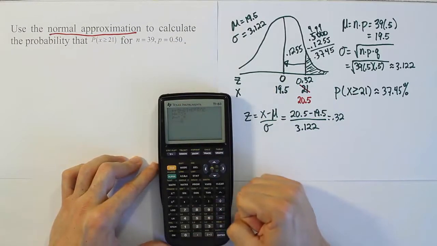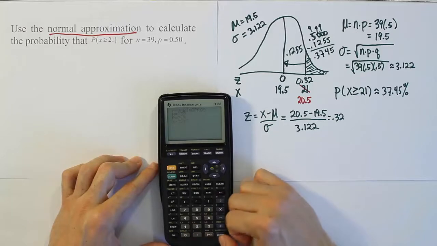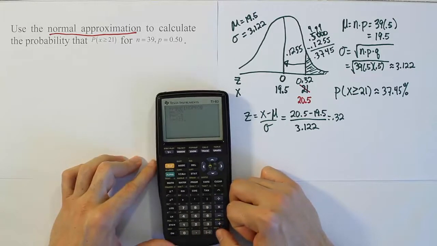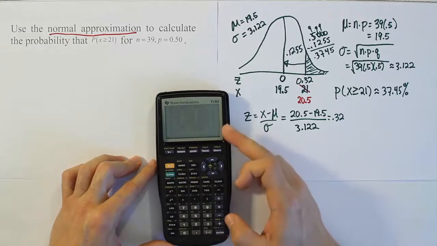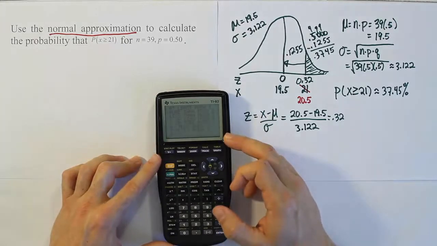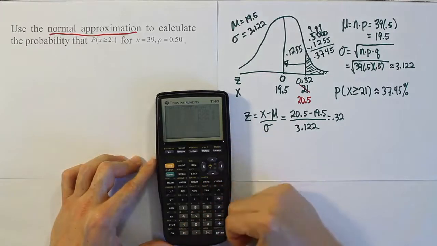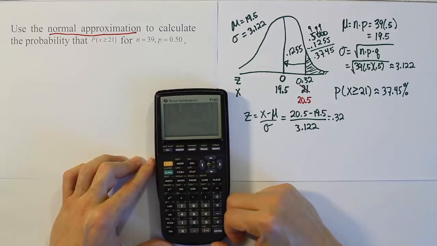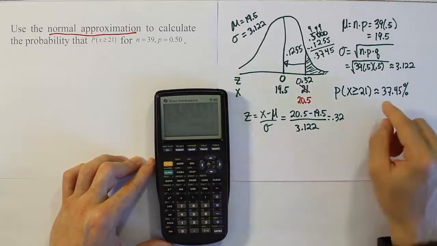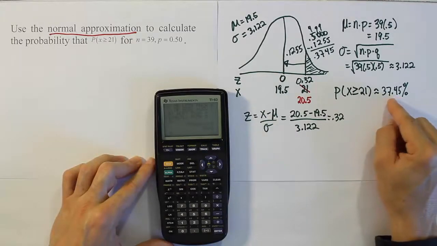And then it's going to ask me what x value. I'm looking for something related to 21, and you can see I'm looking for greater than or equal to that, so 21 or more. So I push option 1, and there's my answer. It gives me 0.3746.